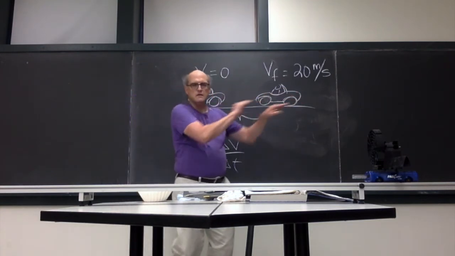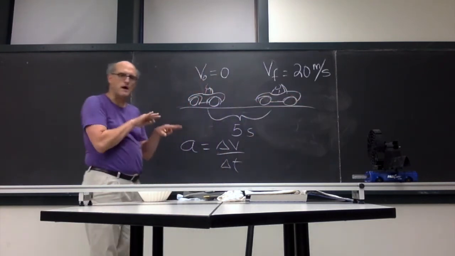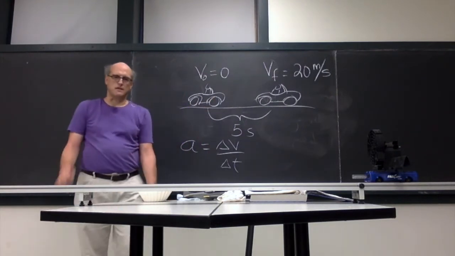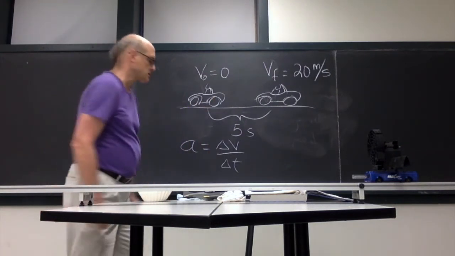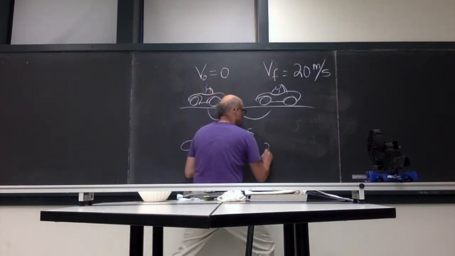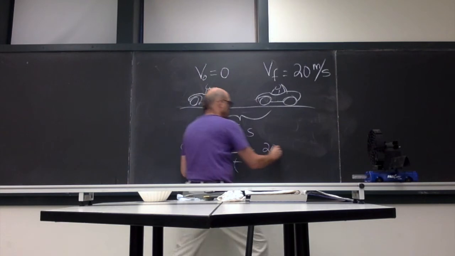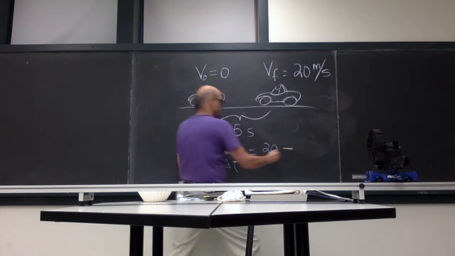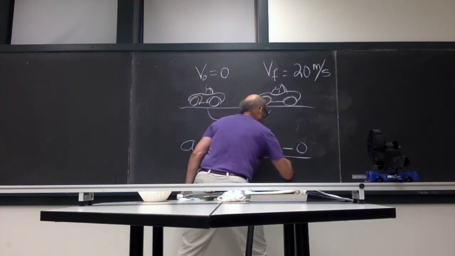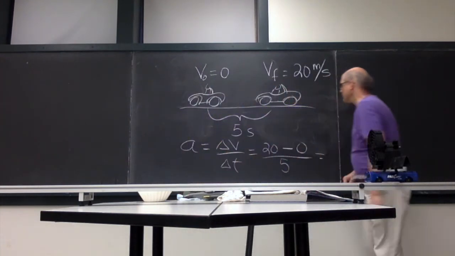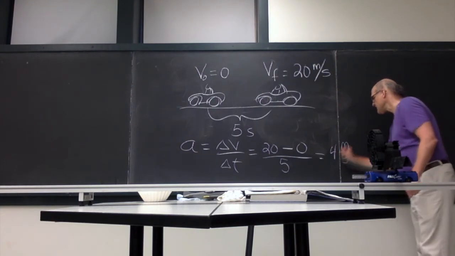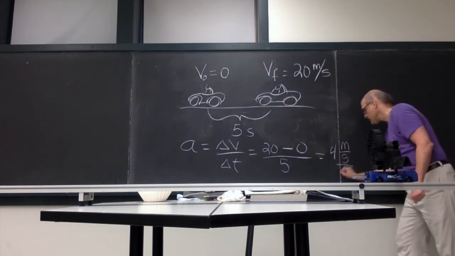Our speed is to the right, so it's positive. So the change in speed is going to be the same as the change in velocity in this case. To find the change, we take the final 20 minus the original 0 divided by the time interval 5. So we get 4 meters per second per second.